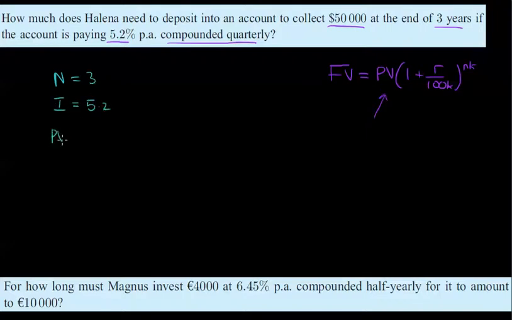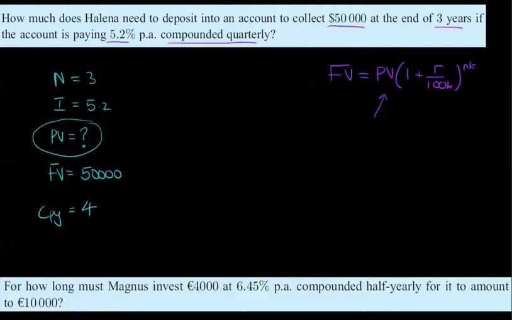The present value, we don't know, because that's what it's asking us to work out, so put a question mark against that. The future value, we want to collect $50,000. And the compounding period is quarterly, so 4 times in a year. So this is what we're going to enter in, and this is what we want.